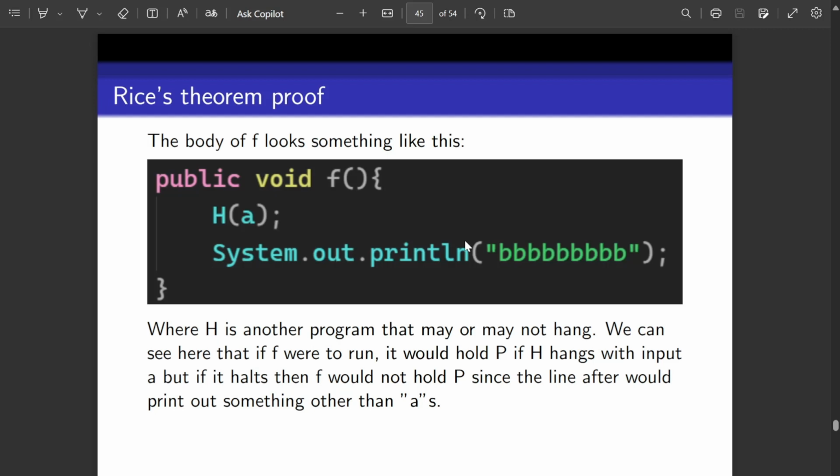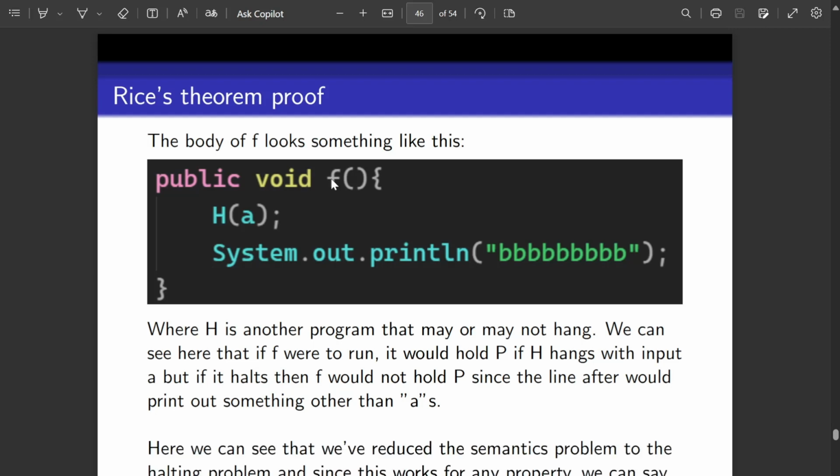More specifically, if H of A halts, it will print out something that doesn't hold the property. But if it hangs, it won't print out anything, and F will hold the property. So we've reduced this problem to the halting problem.